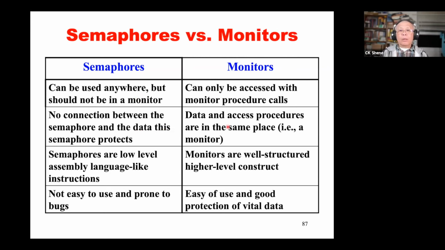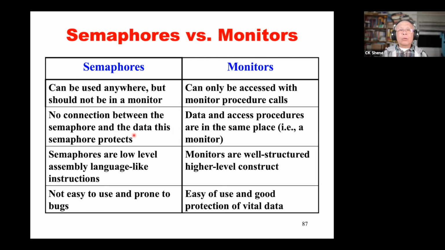Now let's look at the second row. When you use a semaphore to protect some data, it's very hard to see the data you want to protect and the semaphore that protects this data. I'm sure if you write program number 4, you know why.